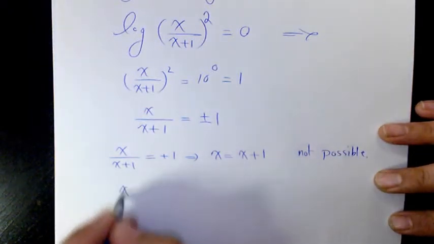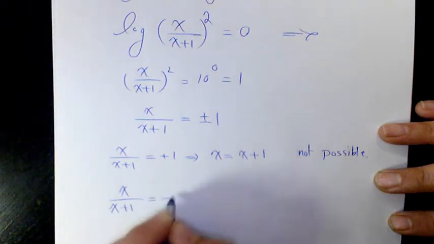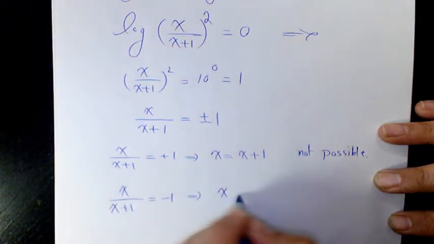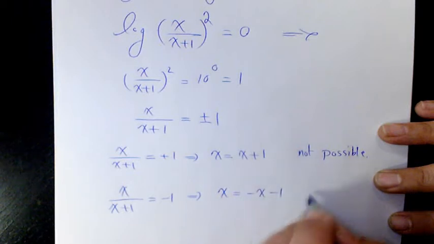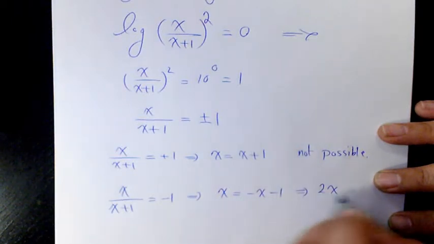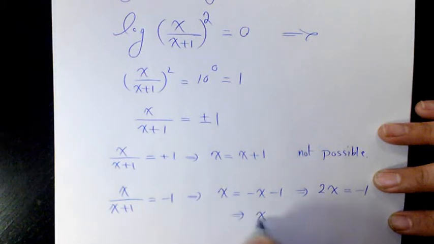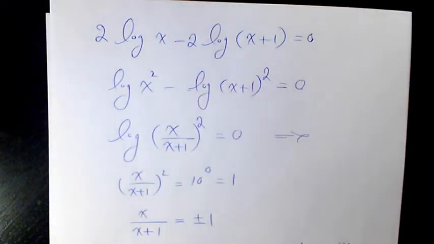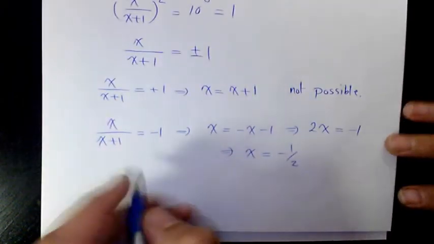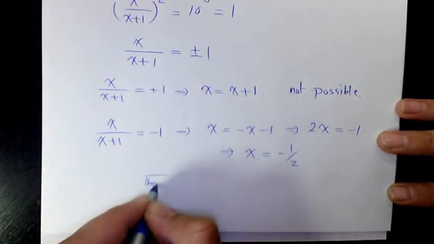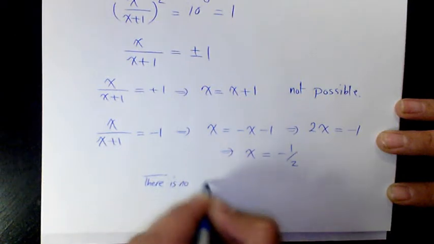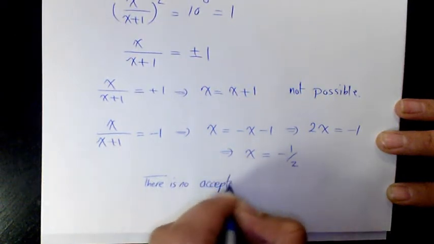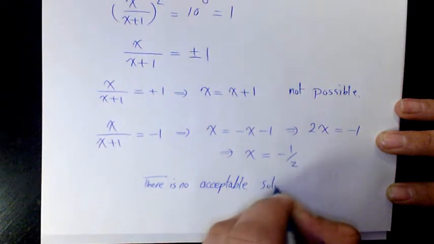The other one is x over x plus 1 equals -1, which will be x equals -x minus 1, which is going to be 2x equals -1, so x will be -1 over 2, which is going to make this one a negative number. So it means that there is no acceptable solution.